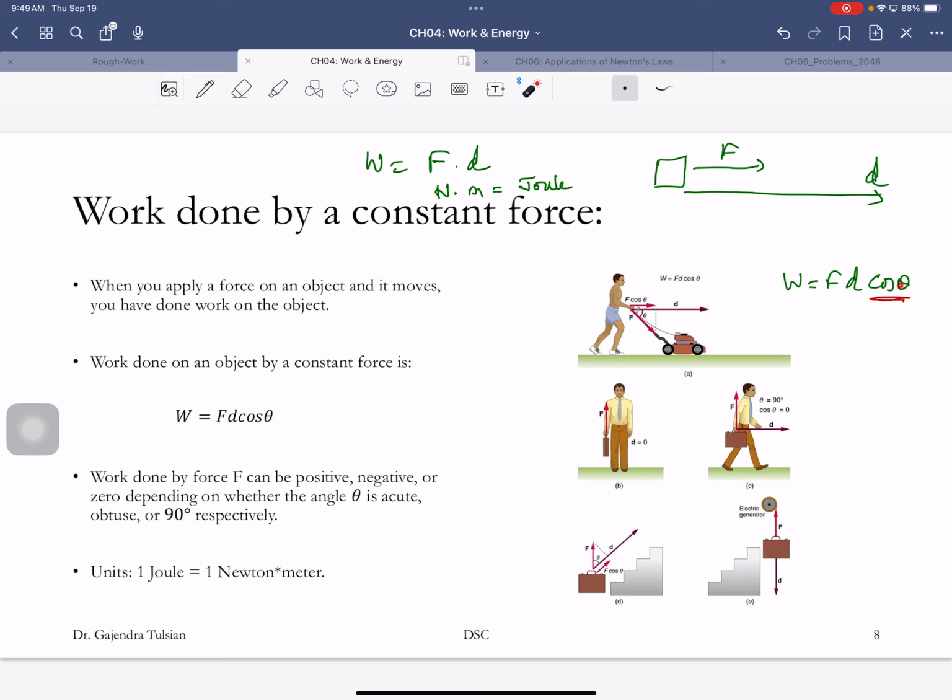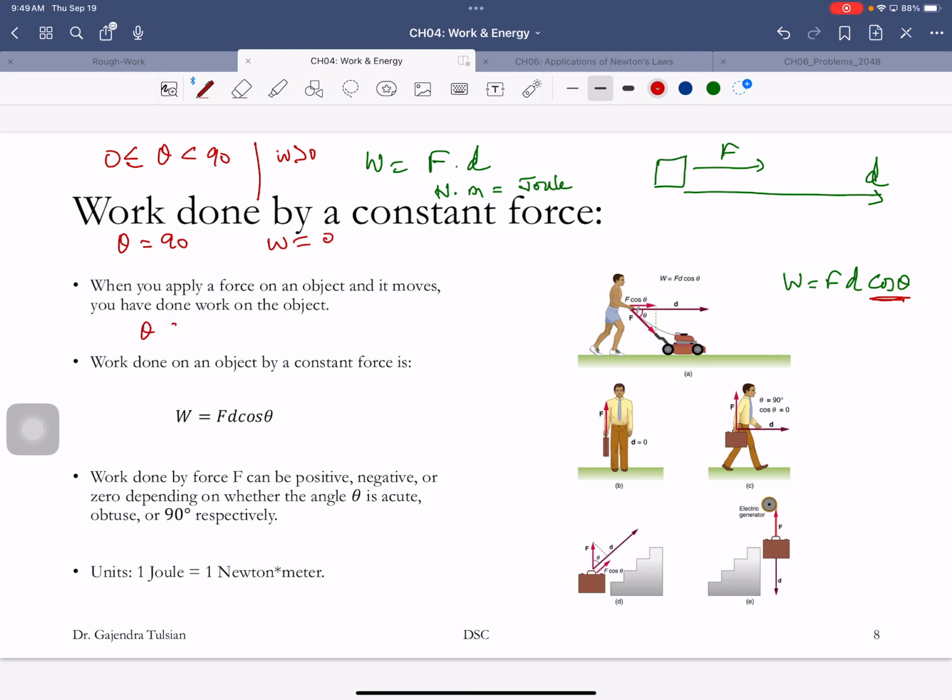And if the angle is obtuse, between 90 and 180 degrees, this is negative. So work done by the force can be positive, negative, or 0, depending on whether the angle theta is acute, meaning less than 90, then work is positive. When the angle is 90 degrees, work done is 0.